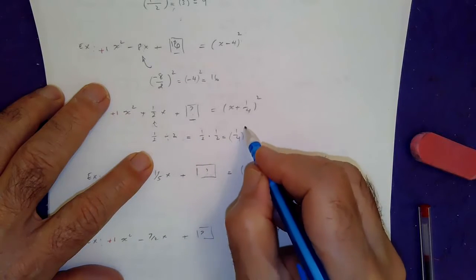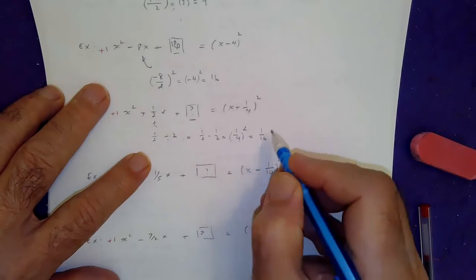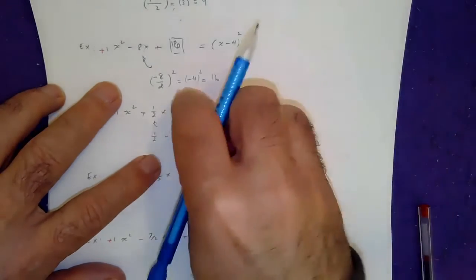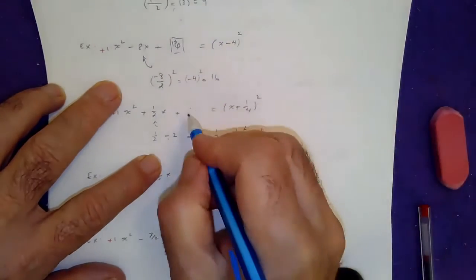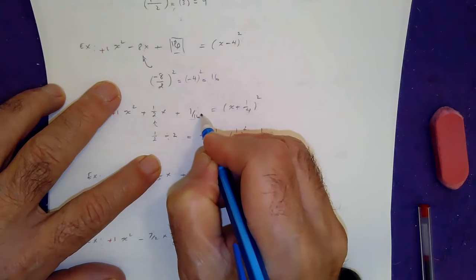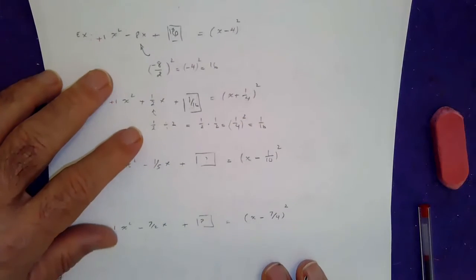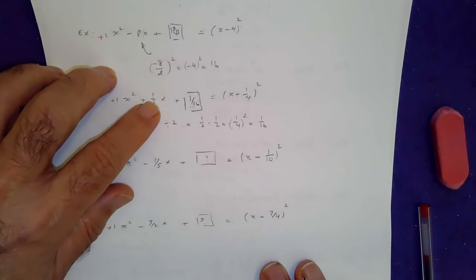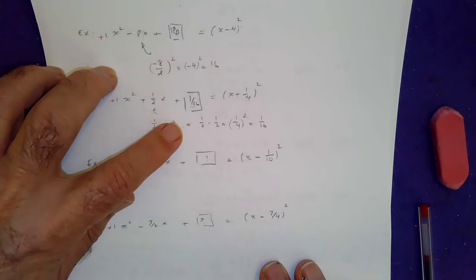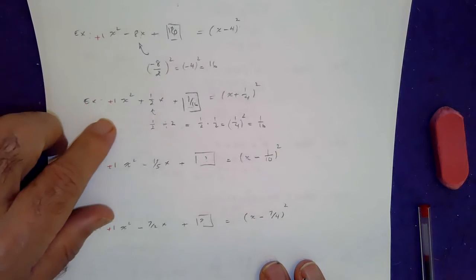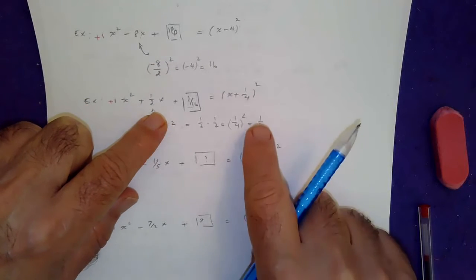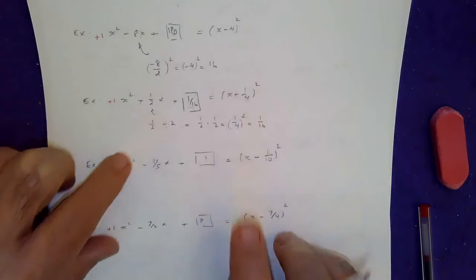But then I have to raise this to the power of 2, which is 1 over 16. So that magic number, which goes inside this box, is 1 over 16. Did you see how I got it? Half of half is 1/4. 1/4 squared is 1/16. Now, if you factor this, you get x plus 1/4 to the power of 2.